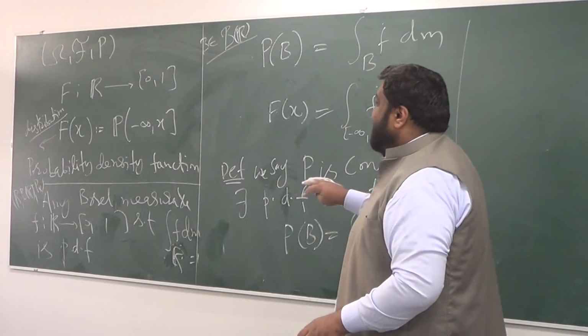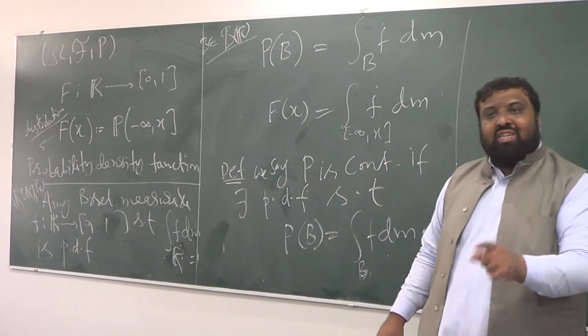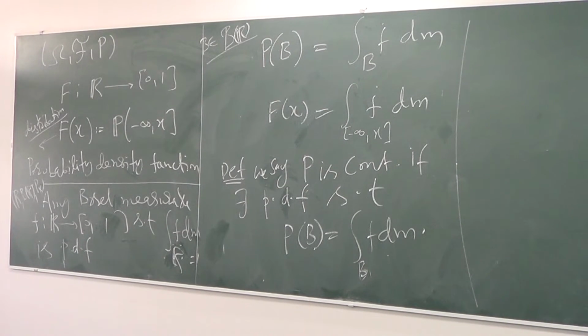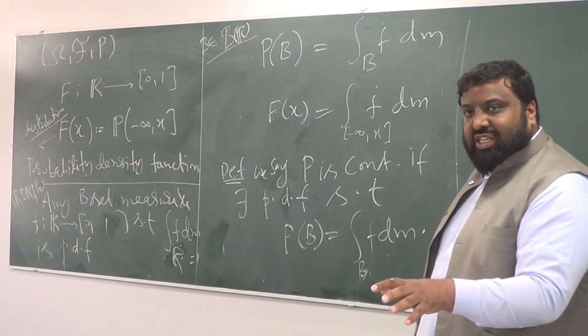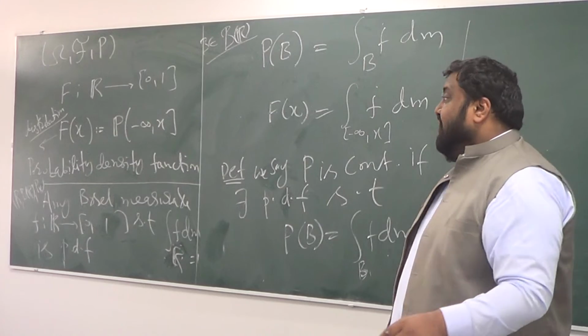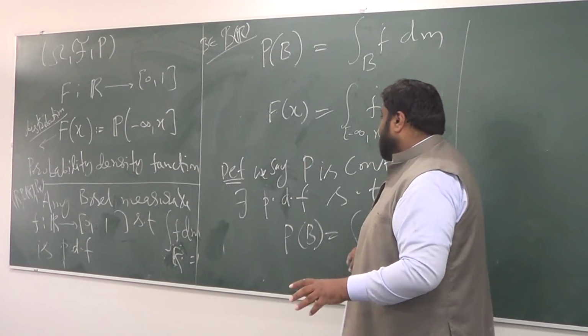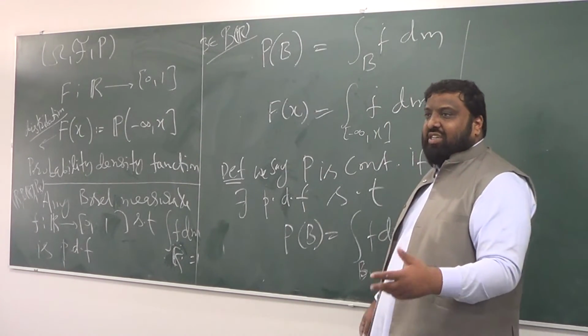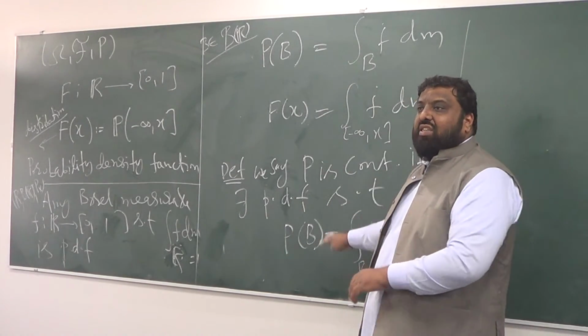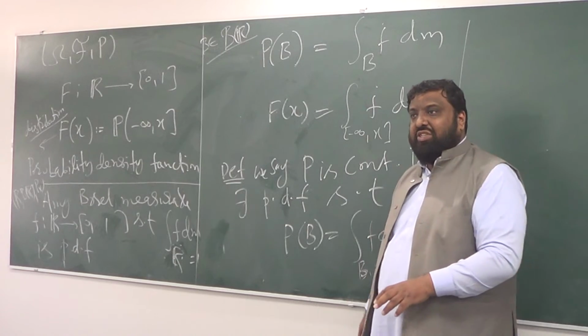While in the measure theoretic sense, it's not necessary that you should always have a function which can give you the probabilities of the events. So if you have a probability measure or distribution for which you have such a function, we're going to call it continuous, or absolutely continuous.